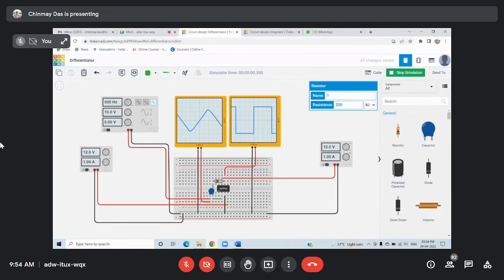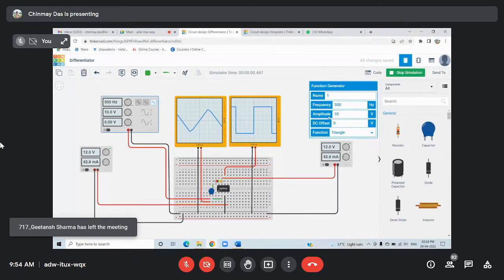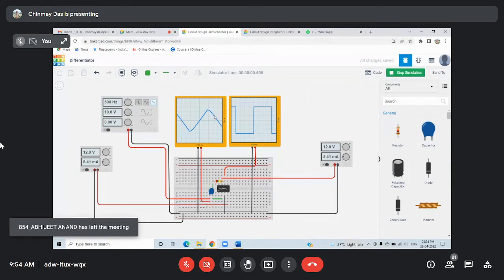The ground is connected in the middle, so by this you are getting plus 12 volt or minus 12 volt supply. This is the input waveform, a triangular waveform of 500 hertz and 10 volt amplitude. This is the triangular input, and this is the square wave output.